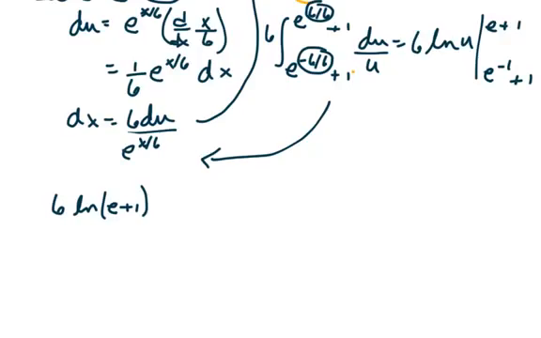This is a tricky problem in the algebra, and if you've forgotten some of the algebra of logs, it might have caused a problem for you. So minus 6 ln of 1 over e plus 1. Right, all I did here was substitute in the upper limit of integration and then the lower limit of integration.